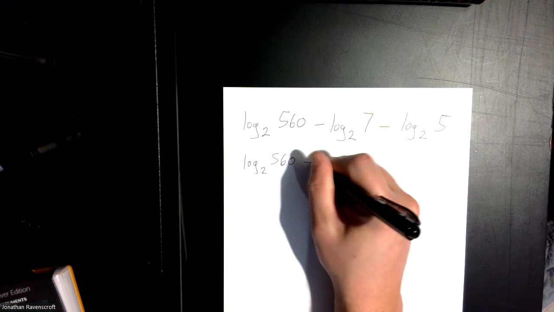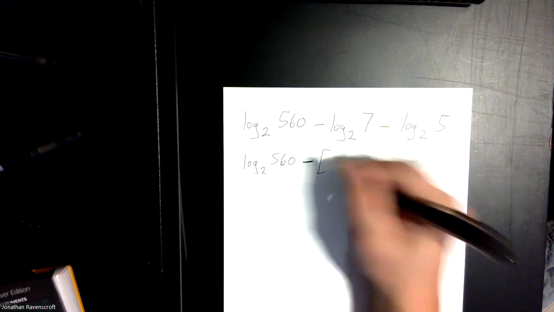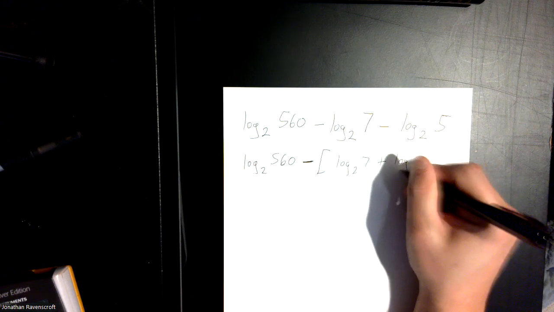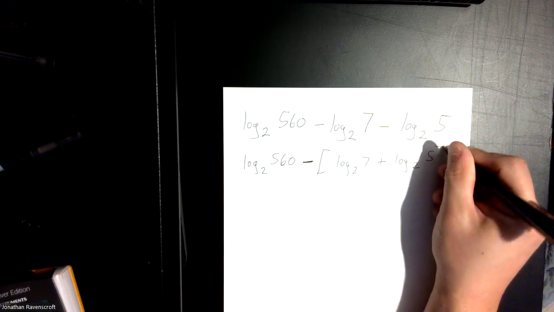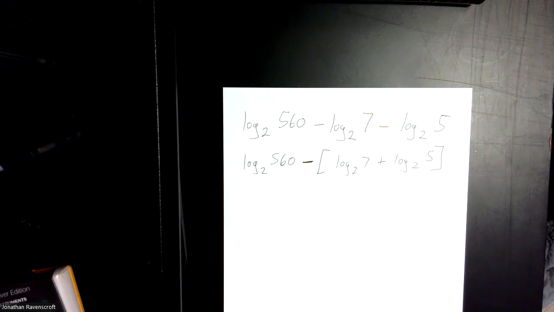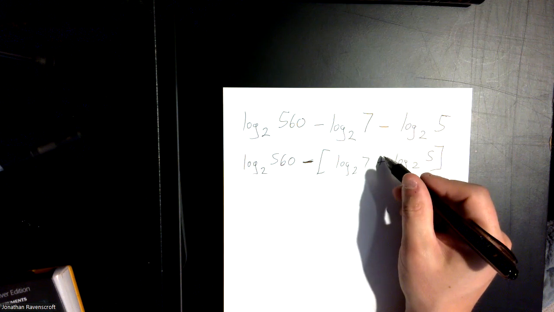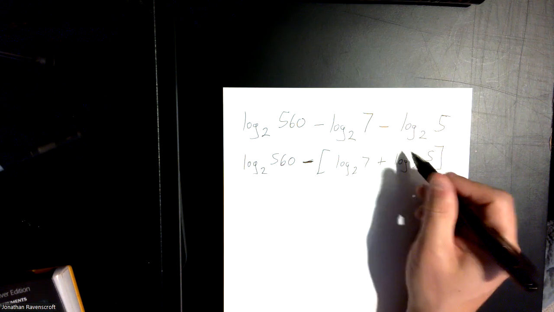Let's do this. Let me write this as log base 2 of 560 minus the quantity of log base 2 of 7 plus log base 2 of 5. Now, why would I do that? Well, what that creates is addition. And we know addition turns into multiplication.